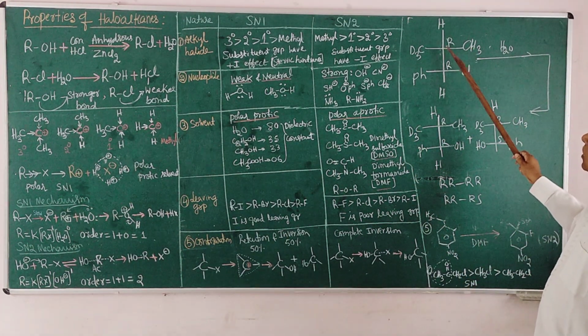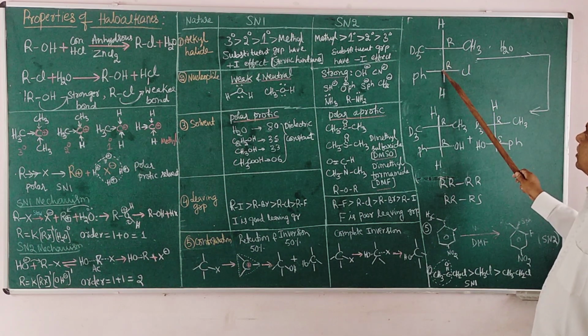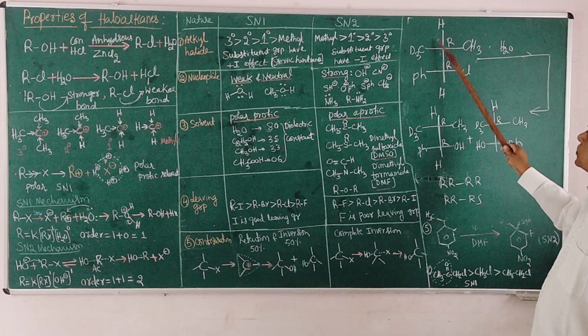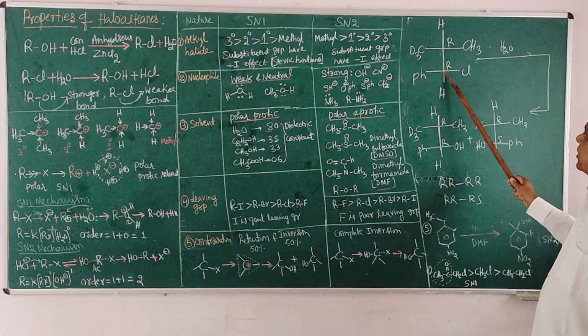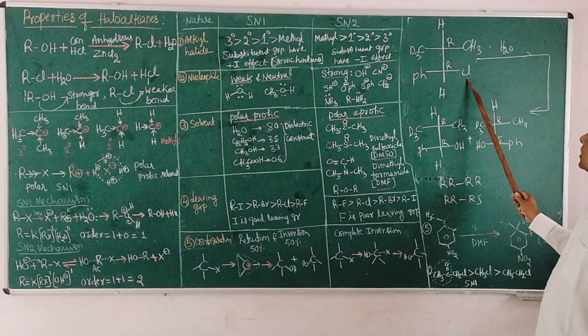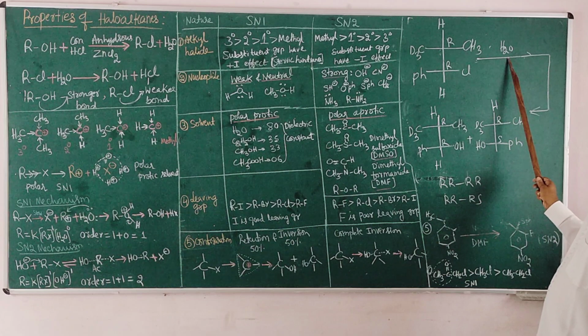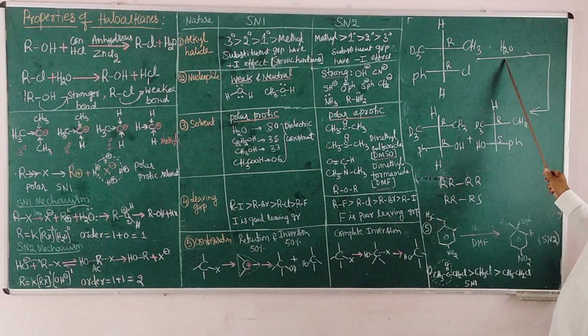The compound has two chiral carbons, asymmetric carbons, each connected to four different groups. Cl is there, attacked by water. That is the SN1 mechanism; usually in SN1 the nucleophile is water.